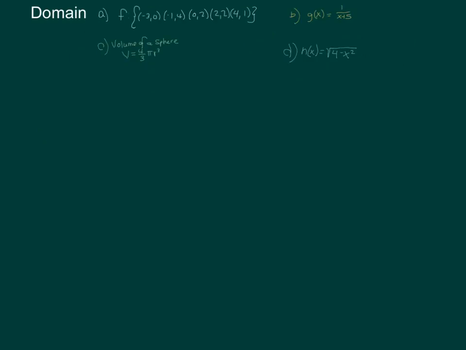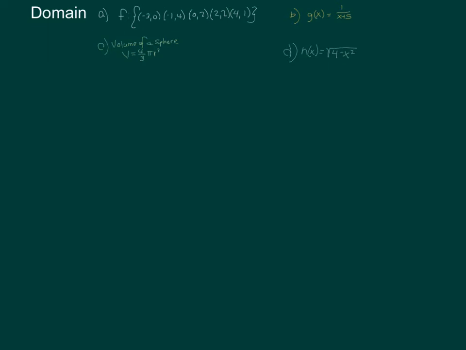Now we're going to talk a little bit about domain. We've talked about it in class before. We know that it's the numbers that we plug into a function. Most of the time it's denoted by x. We've also been talking about domain as our names. We were put into the sorting hat, and then the output is the houses that we were sorted into.